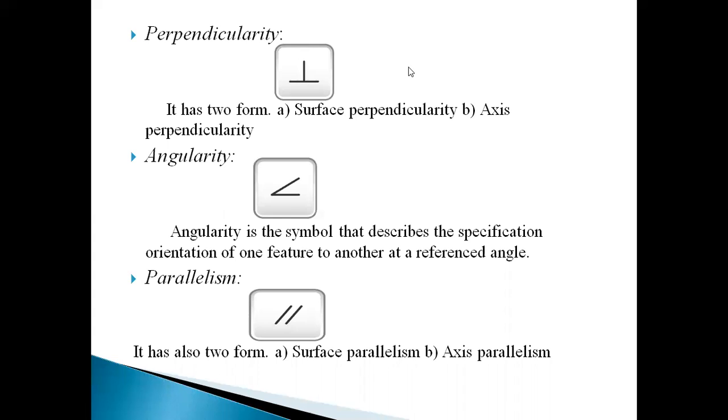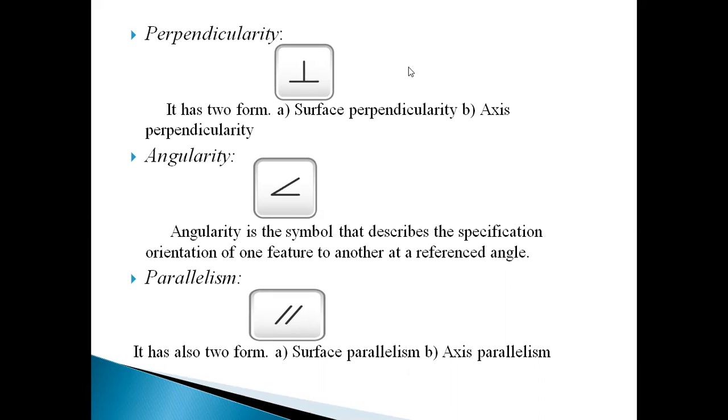Surface perpendicularity is a tolerance that controls perpendicularity between two 90-degree surfaces. It is controlled with two parallel planes acting as its tolerance zone. Axis perpendicularity is a tolerance that controls how perpendicular an axis is to a specific axis, which needs to be a datum.